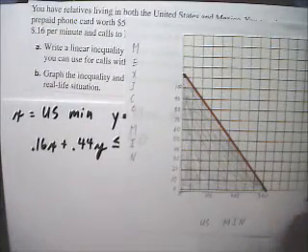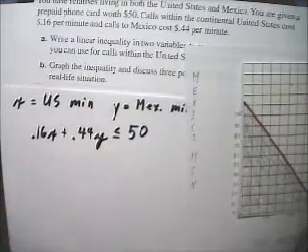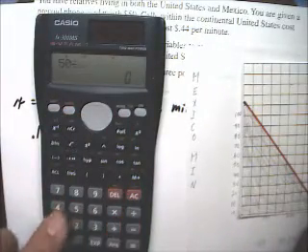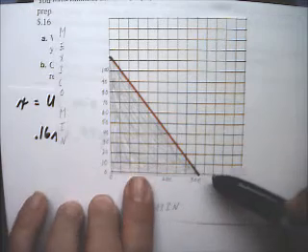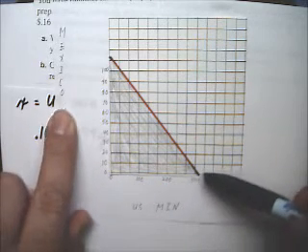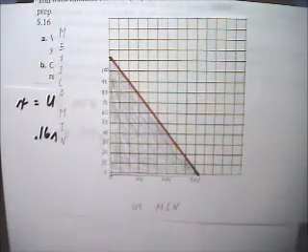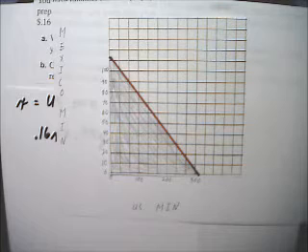That would be all US minutes, which would mean the Mexican minutes were 0, so it's 50 divided by 0.16, and that's 312.5. So if you made no calls to Mexico, you could make 312.5 minutes in the United States. So I think that's a good discussion of the situation.